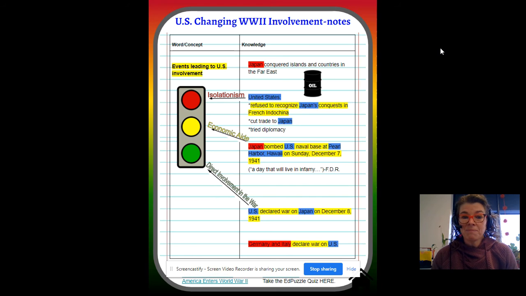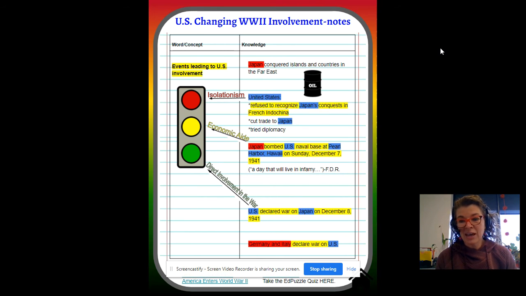So over in Europe, we have 2 great allies, one being Great Britain and the other is France. Nazi Germany invades multiple countries, taking control. The war starts on September 1st, 1939, when Germany invades Poland.